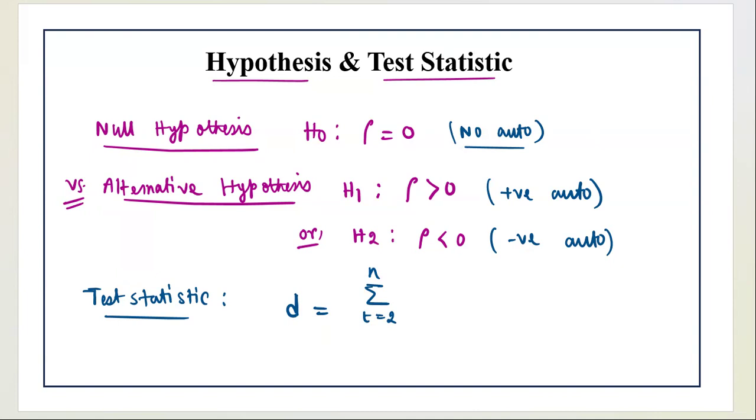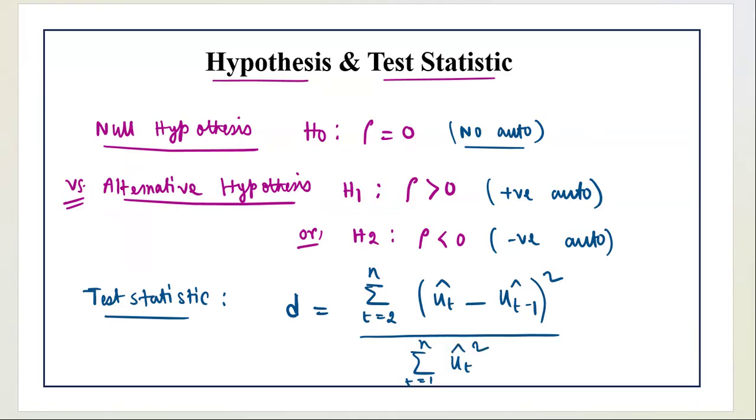It will not start from 1, it will start from 2. (u_t cap minus u_(t-1) cap) whole square upon the summation over t from 1 to n of u_t cap whole square. Right? So this is the general structure of the statistic, which under H naught follows the D statistic, or DW distribution, basically, right? This distribution is defined by Durbin and Watson. That is why it is the DW statistic.